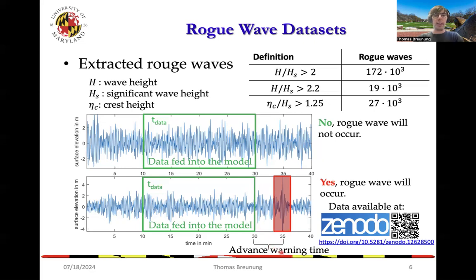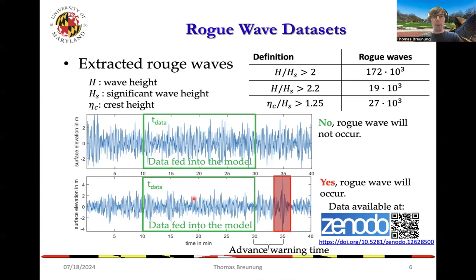Within this data set, we include samples which are not followed by rogue waves, so this top time series, for example, and we also include samples where a rogue wave occurs afterwards. This implies that my time series are naturally labeled into two classes. The first class is no rogue wave will occur, and the second class is yes, a rogue wave will occur. So this reformulates our time series forecasting of rogue waves problem into a time series classification problem.